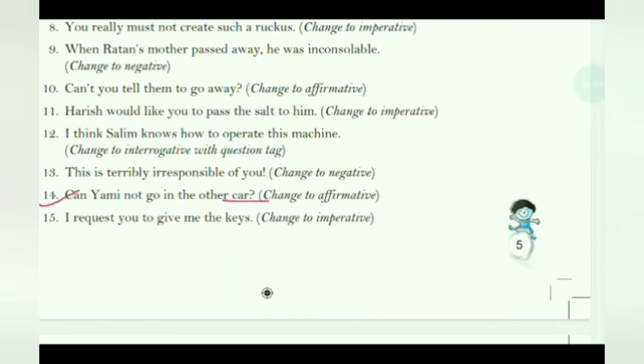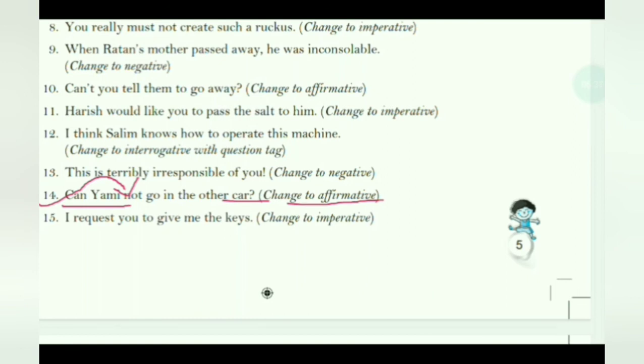The next one is, "Can Yami not go in the other car?" It's a question, as you may see the question mark and the helping verb before the subject, and we need to make it an affirmative, a declarative sentence. To make it an affirmative sentence, just bring this helping verb after the subject. If the helping verb is before the subject, then it's a question, and after the subject, then it's an affirmative or negative sentence.